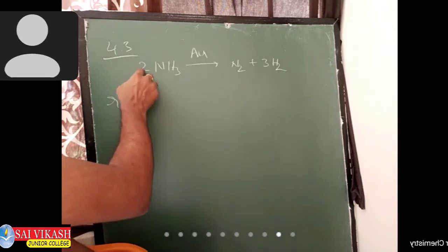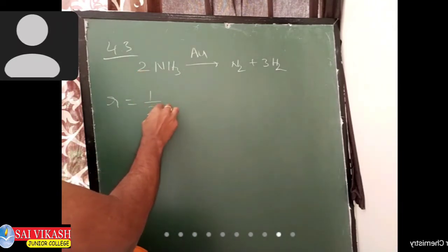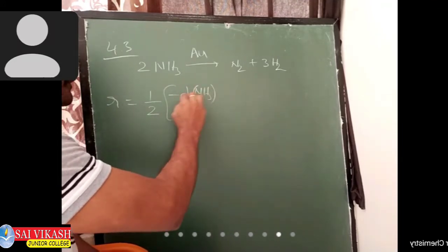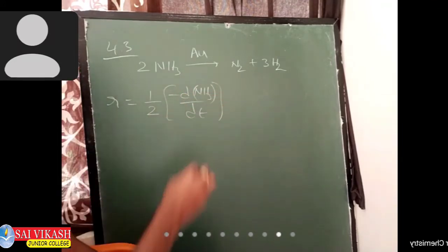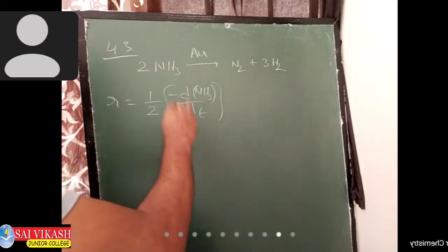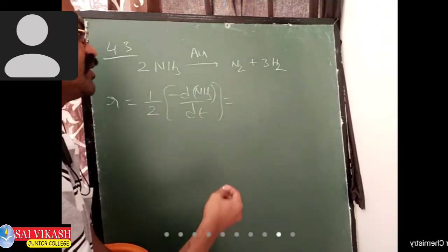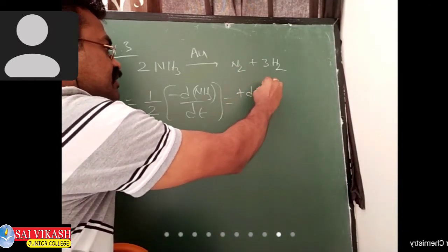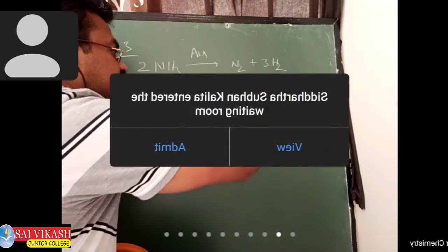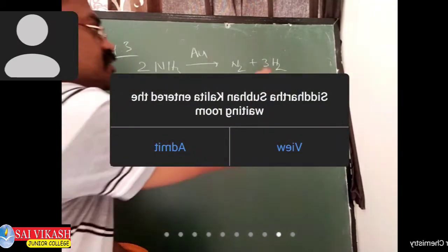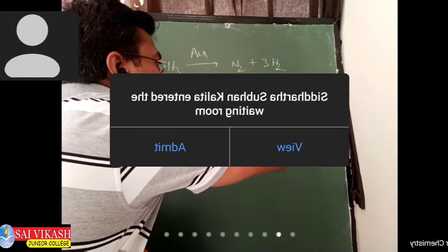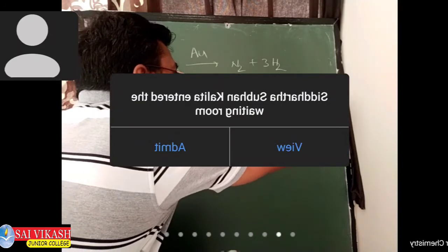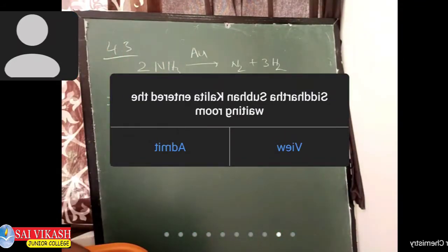How to write? Divide by the coefficient 2: 1 by 2 of minus d NH3 by dt. This is the rate of disappearance of ammonia, which is equal to the rate of formation of nitrogen. Nitrogen is a product, so plus will come: plus of d N2 by dt, equal to 1 by 3 into plus of dH2 by dt. This is the given.